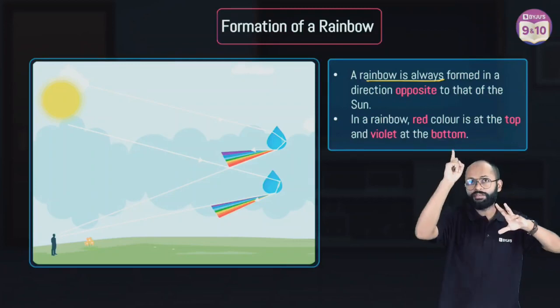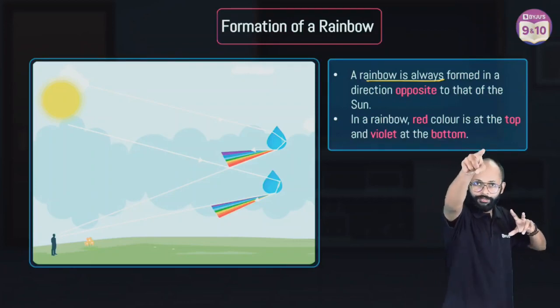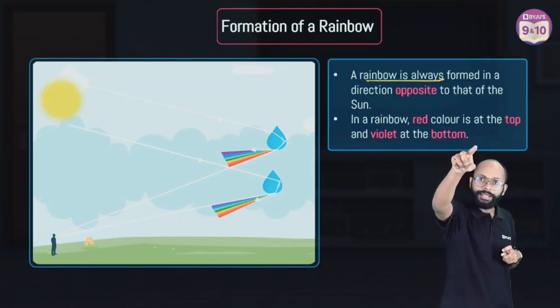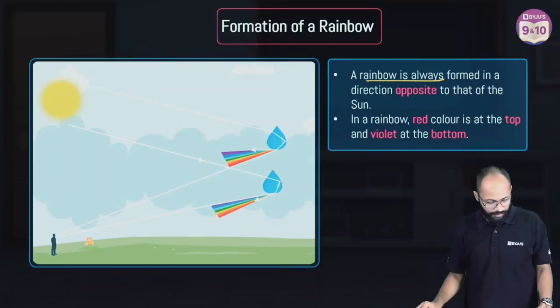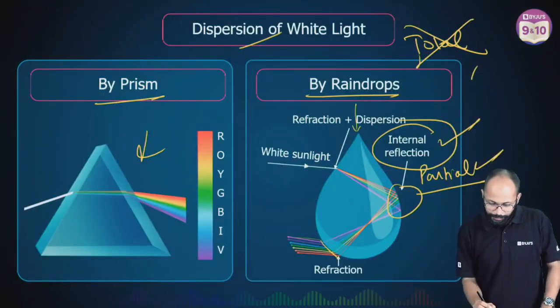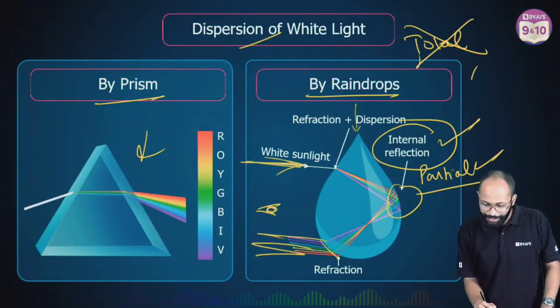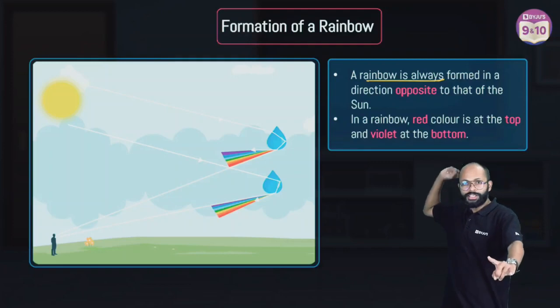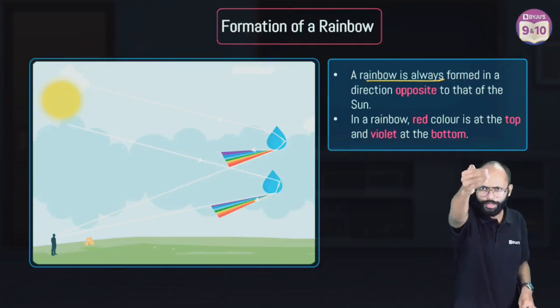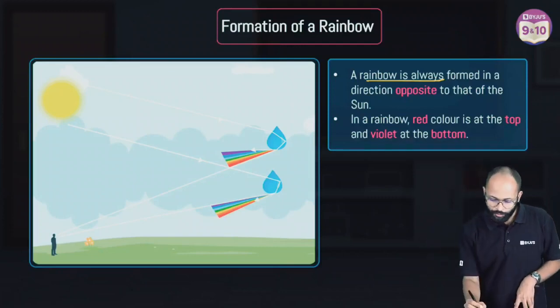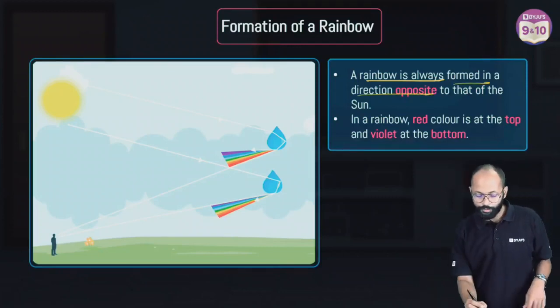Light ray from the sun will go to the drop, get reflected, get refracted, get internally reflected, है ना? और इधर आएगी. सोच के देखो, आपकी आंखें यहां होनी चाहिए ना, right? So light should come from this side and then come back to your eyes. आपके पीछे से sunlight जाए, raindrop पे पड़े, disperse हो, reflect हो, and then come back to you. So rainbow is always formed in direction opposite to that of the sun.